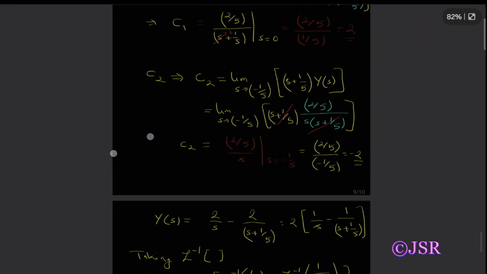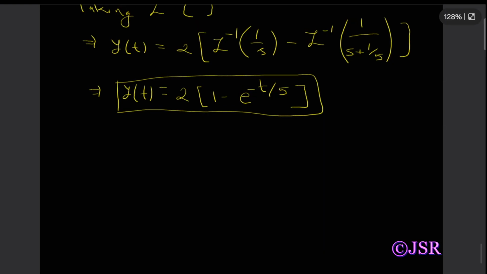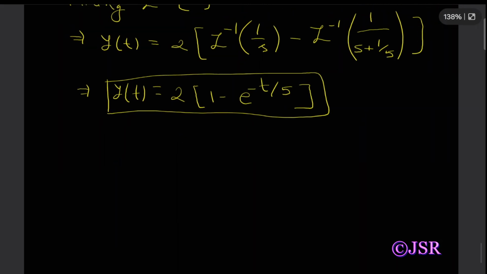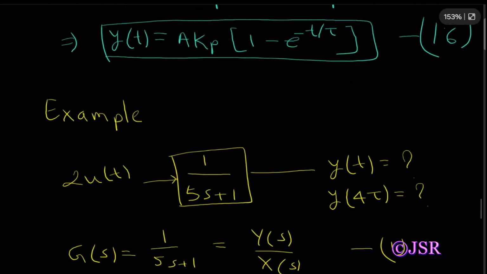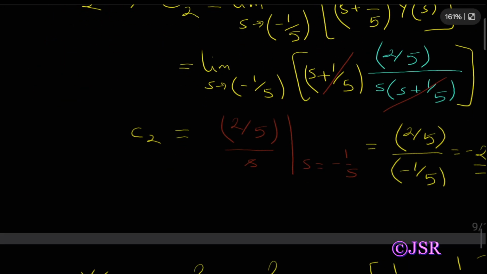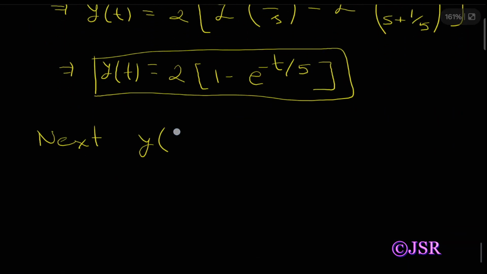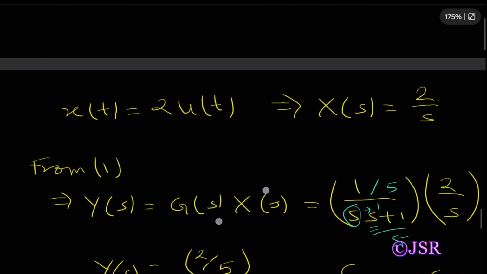So next we have to find out y at 4 tau, where tau is the time constant.